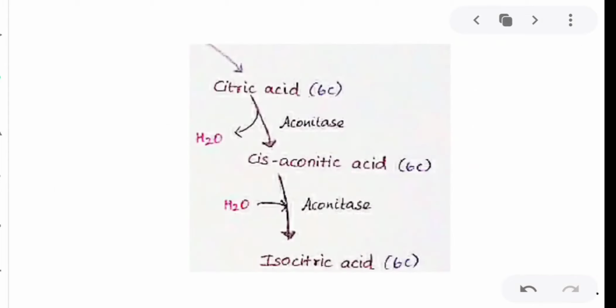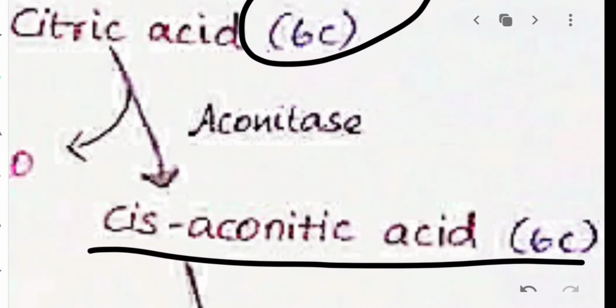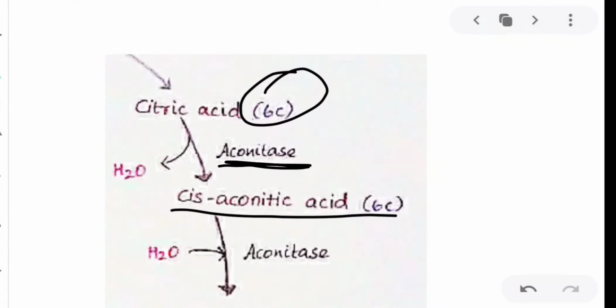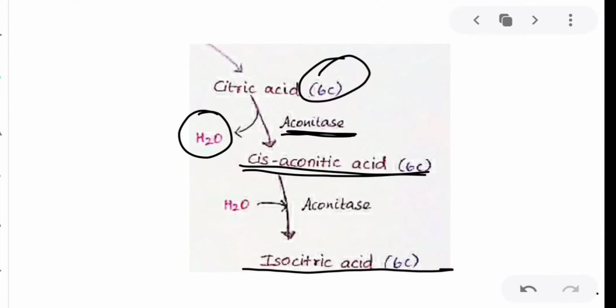As the citric acid is formed, the 6-carbon citric acid gets converted to cis-aconitic acid in the presence of the enzyme aconitase. Remember the mnemonic, after, for aconitase. During this step water is removed, and when cis-aconitic acid is converted to isocitric acid, water is added again, and the enzyme used is again aconitase.